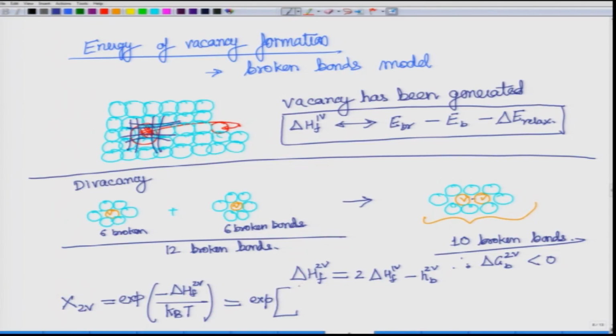You can always go back and expand those things now that you know the methodology to do that. Okay. So, this is the equilibrium concentration of di-vacancies.